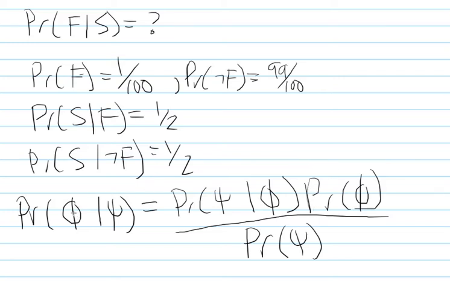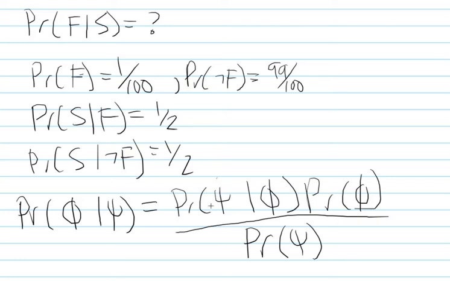But now when we want to apply this to this question, there's a couple things to note. The first thing is that phi is being instantiated by F, because we're interested in the probability of F given S. So in this case, we have to think of phi as F and psi as S. Okay.